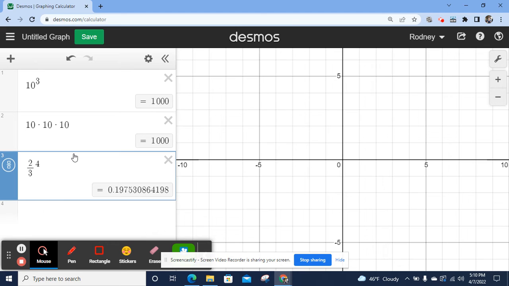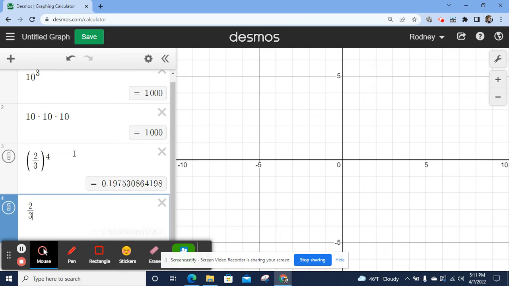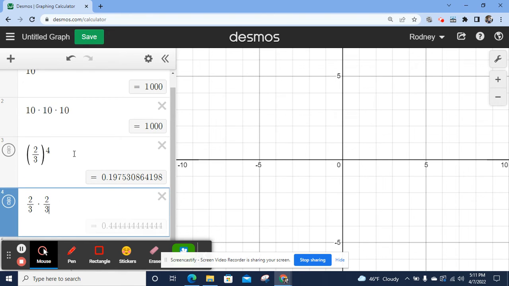Okay. Now, sometimes it's useful to put it inside parentheses just to make it clear that we're raising 2/3 to the fourth power. And what this means is I'm going to say 2/3 times 2/3 times 2/3 times 2/3. And I get this decimal, but don't pay much attention to that for right now.